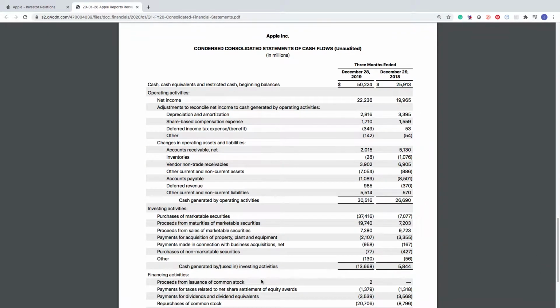So what we'll be doing in this section is just going over these three sections and talking about the constituents of these three items. So, what's cash flow from operations?